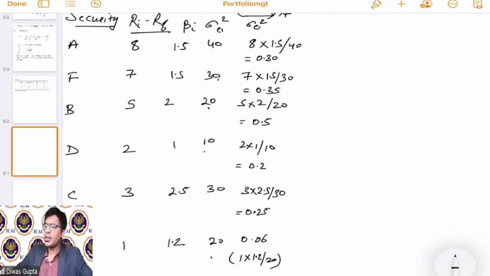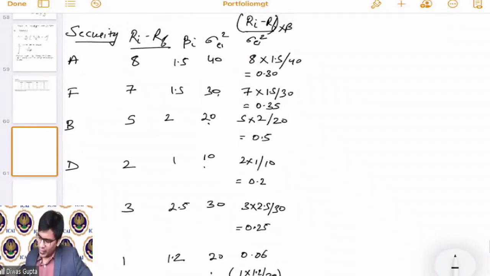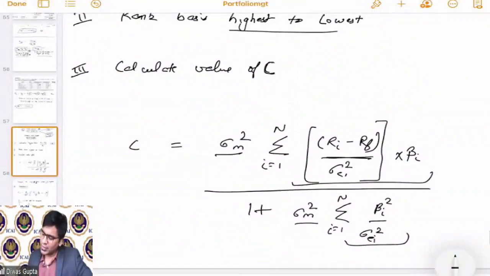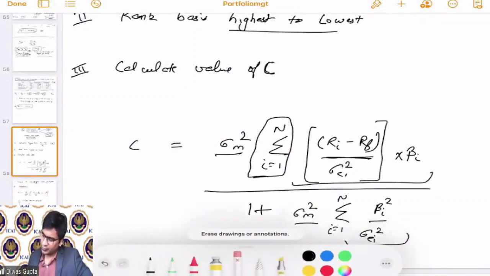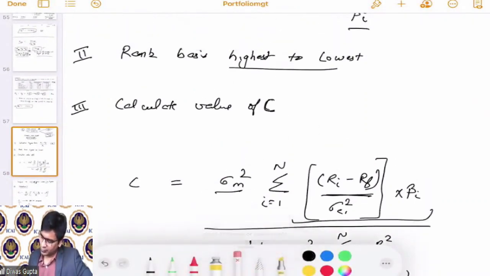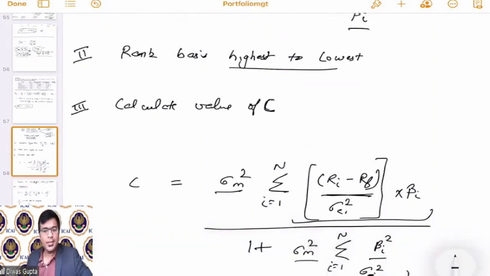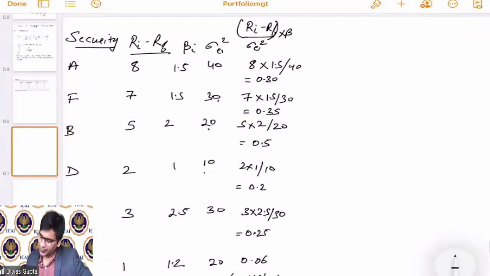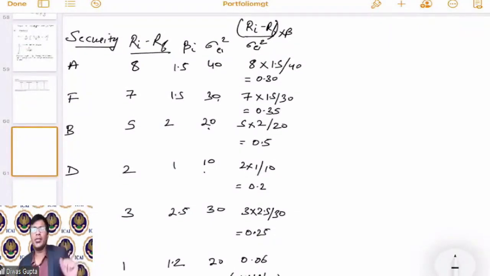Okay, students. So till now we have calculated one part of the numerator which is used in the calculation of C. But coming back to the C calculation, we have to use a summation. As of now, these values are the independent values. Please note these values are the independent values.